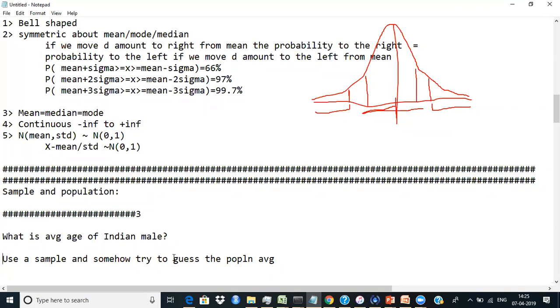Now, guess is an English term. The scientific term for this guess is estimate. Estimate is a scientific term which is used instead of guess.